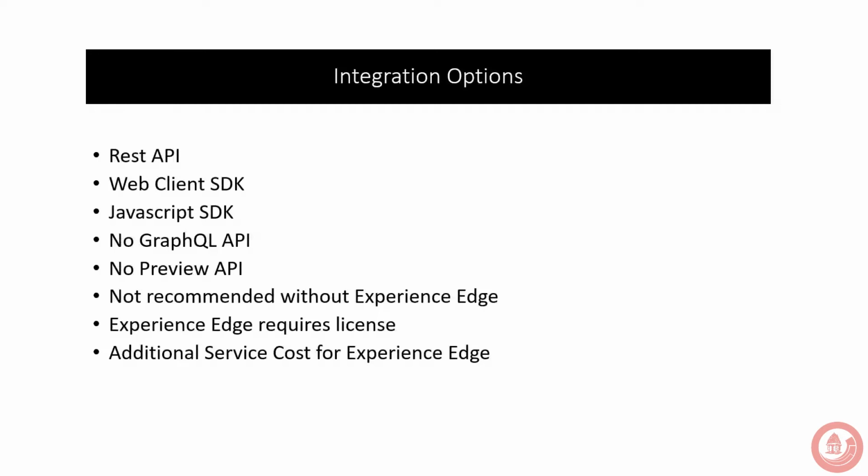If you want to work with Content Hub, you may need to bulk load data in the Content Hub, or create a connector between Content Hub and Sitecore. So in those cases, you will be using the web client SDK or JavaScript SDK or REST API. That's why it's useful.